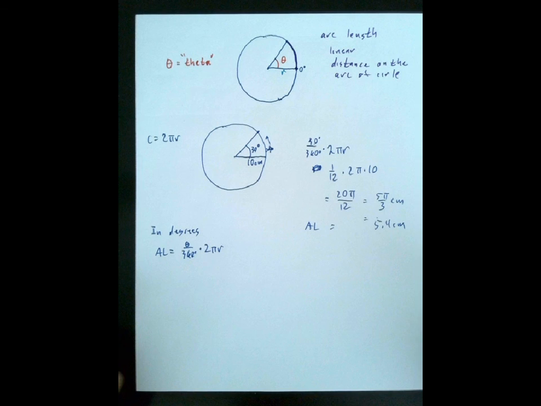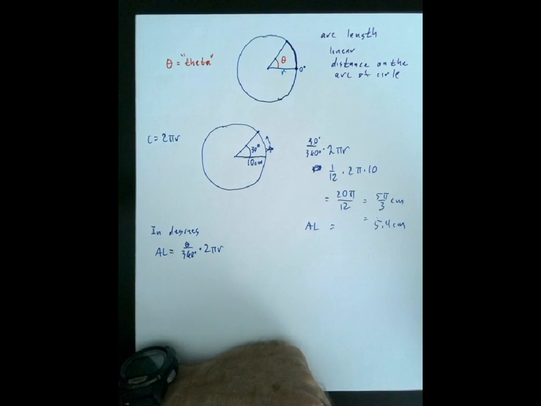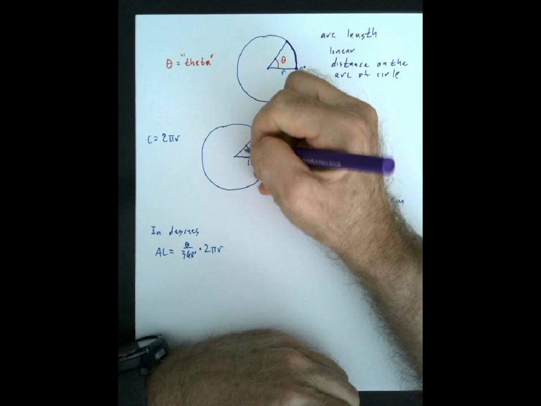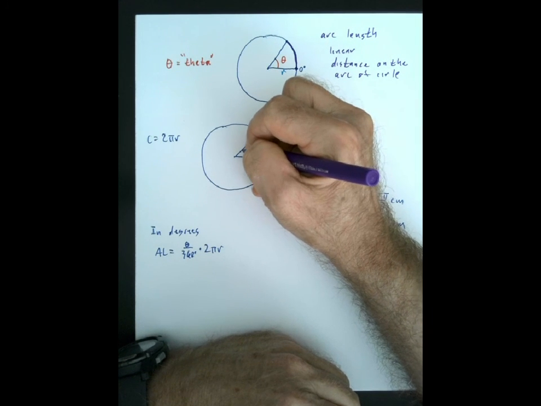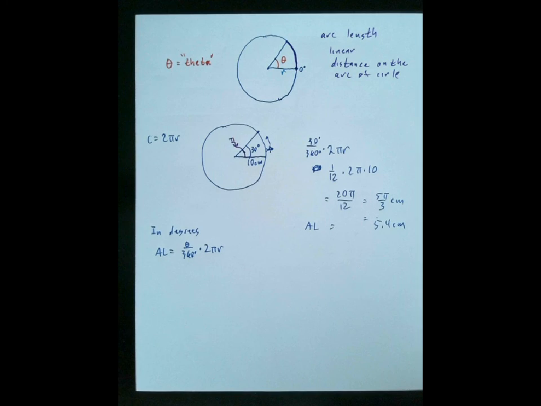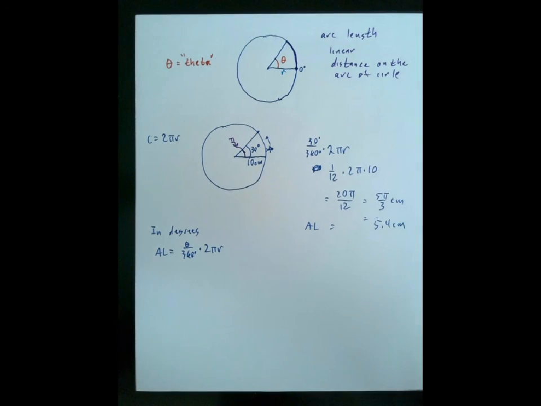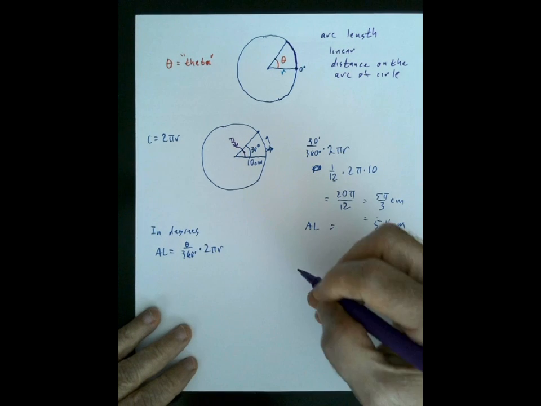Now, instead of measuring the angle in degrees, what if we measure it in radians? Well, 30 degrees, if you convert it, turns out to be pi over 6 radians. And the entire arc is 2 pi.